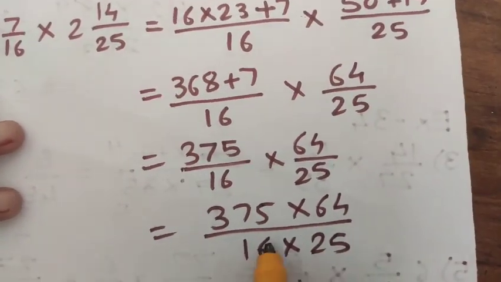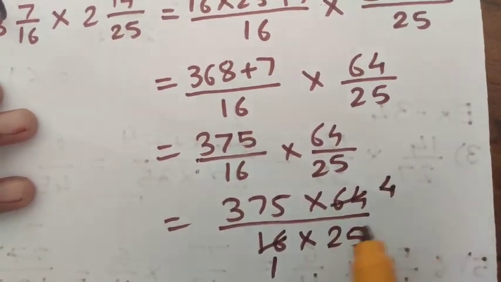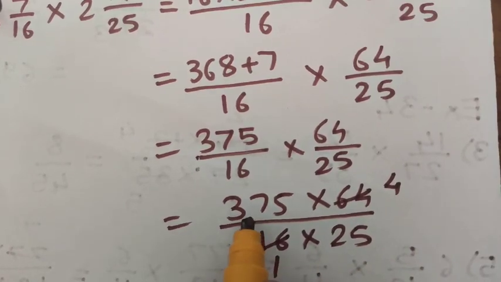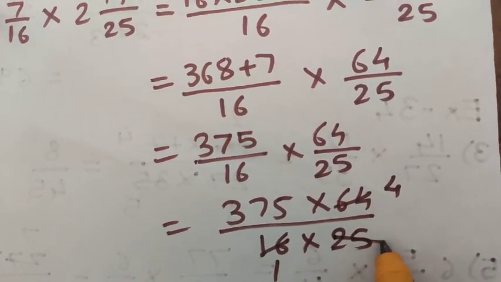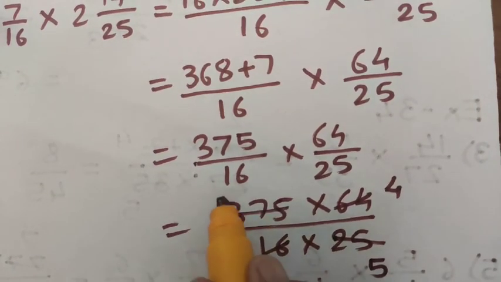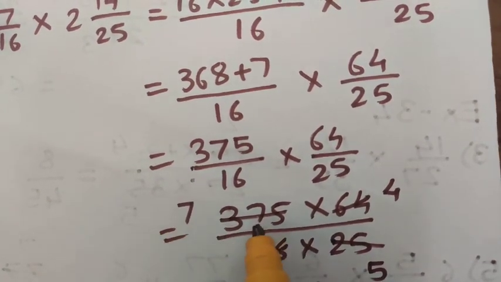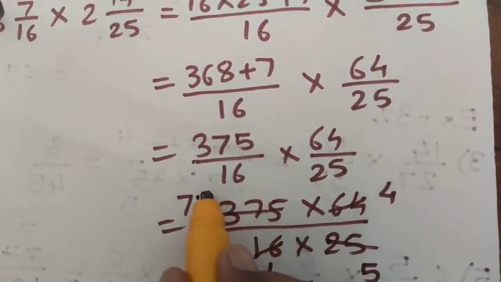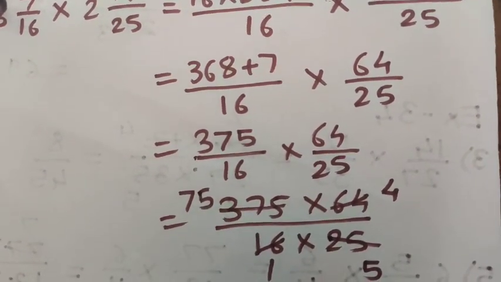Divide now. 16 1s are 16, 16 4s are 64. Divide this number with 25, or you can divide with 5. 5 5s are 25, 5 7s are 35. 37 minus 35, 2. 5 5s are 25.